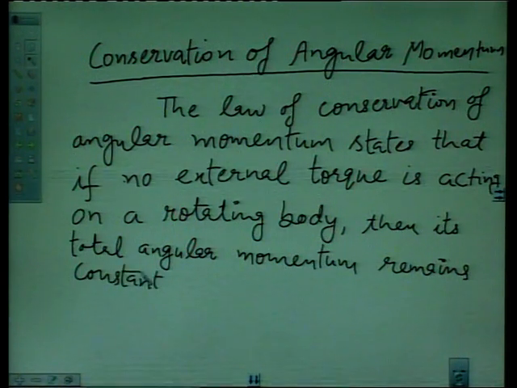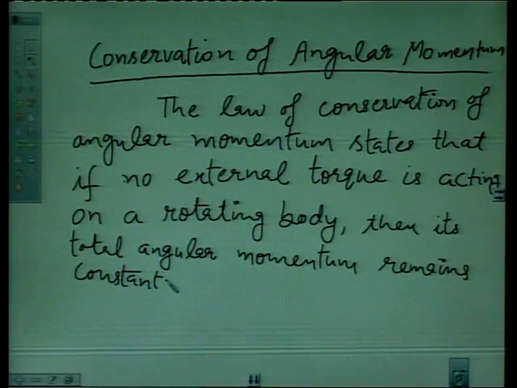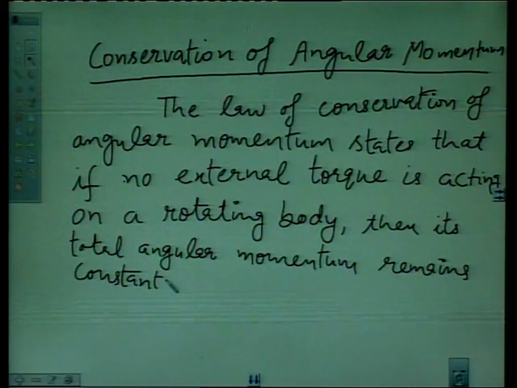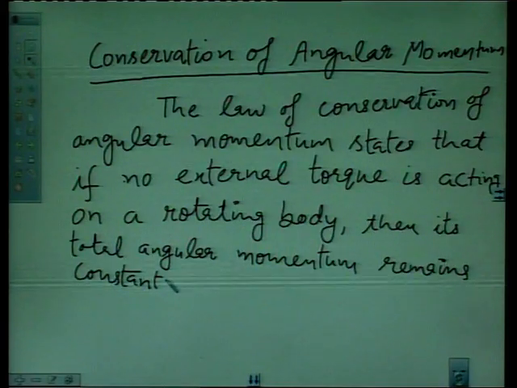As we have from Newton's law that if no external force is acting on a system, then its linear momentum remains constant. This is the law of conservation of linear momentum.